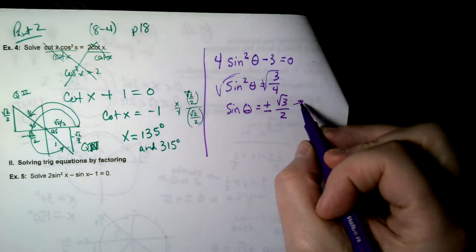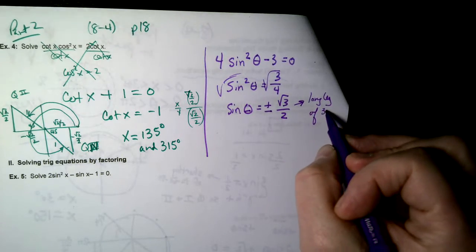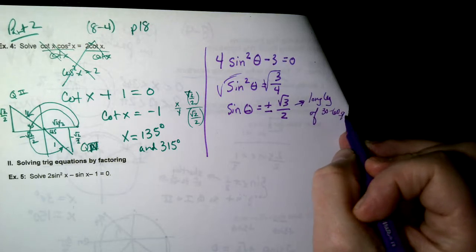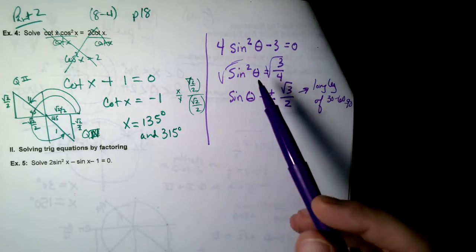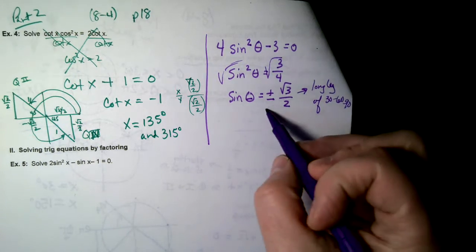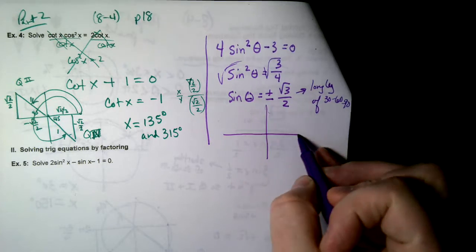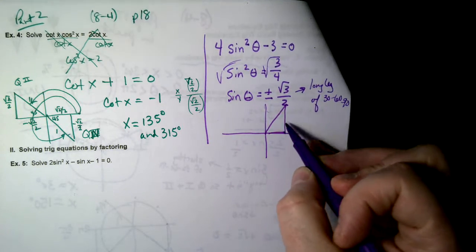Now that means that's the long leg of 30, 60, 90 triangles. Square root of 3 over 2, whenever it's sine or cosine, is the long leg of 30, 60, 90 triangles. So think of that, and it can be positive or negative. The long leg is when it stands up tall like this. Short leg here, long leg here.